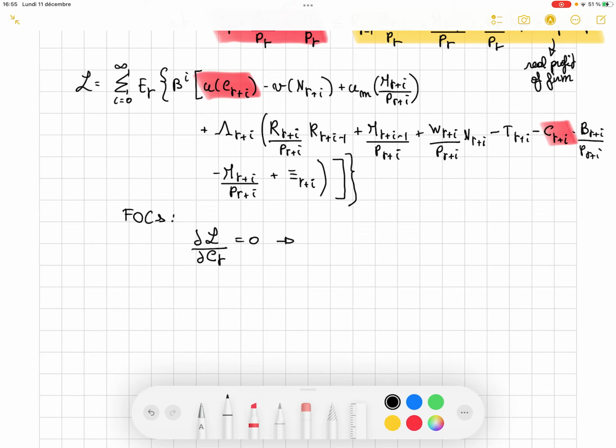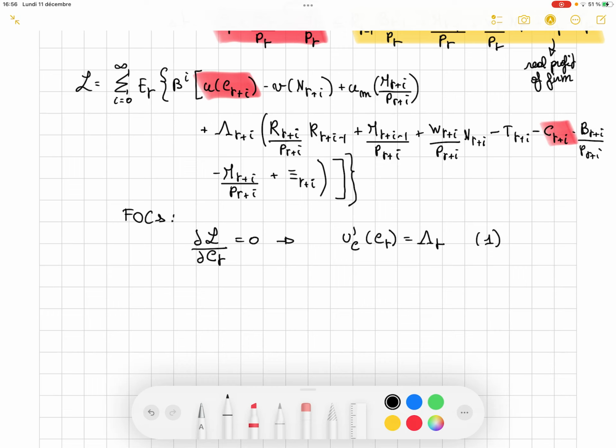So at the end what you obtain is that the derivative of the utility function with respect to consumption, of this small u function, is equal to the Lagrangian parameter. Okay, so that's what we obtain if we derive with respect to the consumption at one specific period. So that's our first order condition.